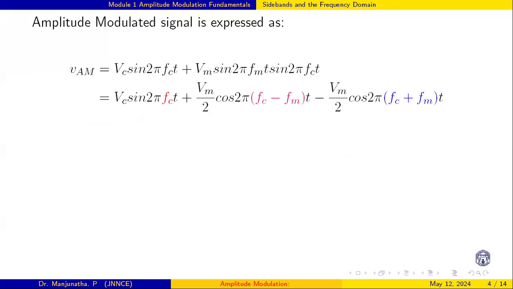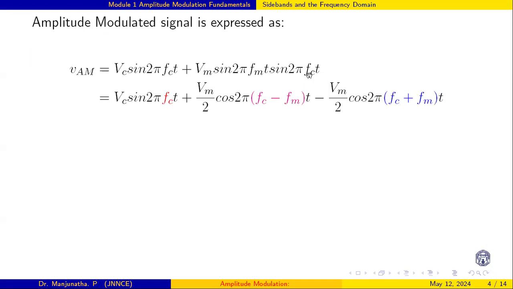Then coming to the AM expression, VAM is equal to Vc sine 2π fc t plus Vm sine 2π fm t sine 2π fc t, where fc is the carrier frequency and Vc is the amplitude of the carrier, Vm is the amplitude of the message signal sine 2π fm t, and fm is the message signal frequency.